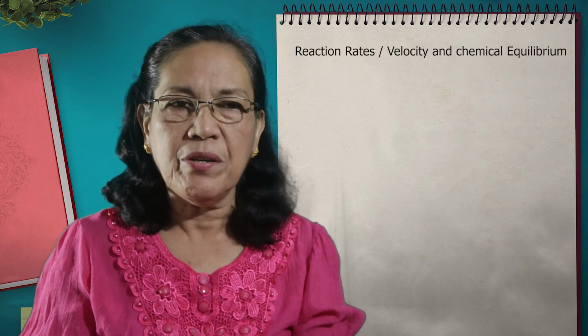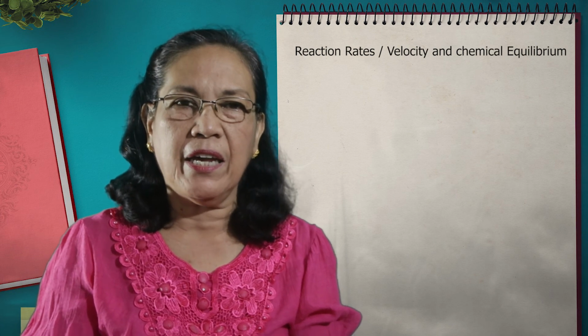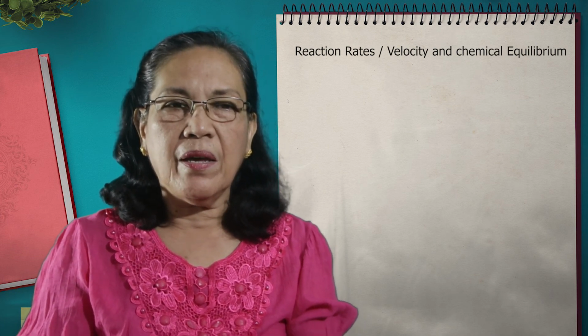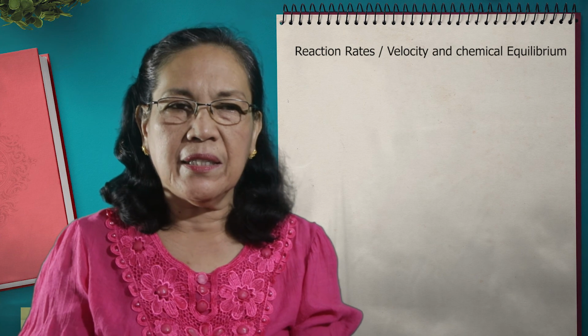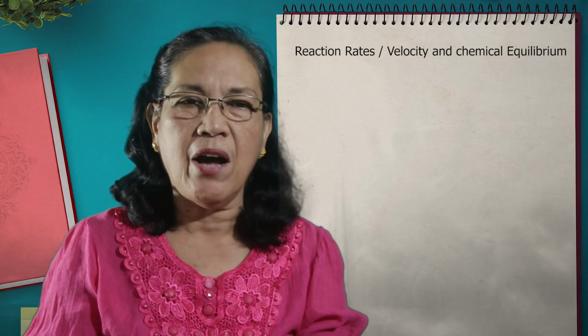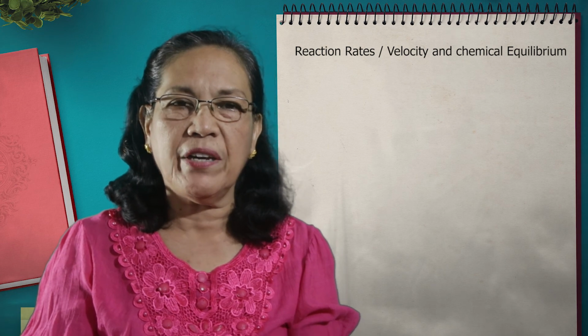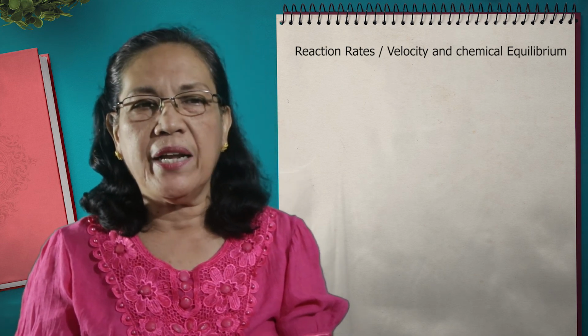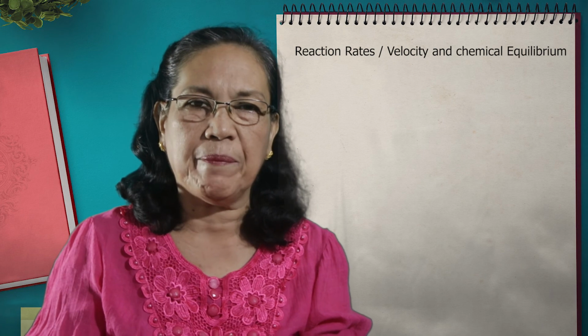Today, I will be discussing reaction rates and chemical equilibrium. It is said that the rate of reaction is a quantity that tells how the concentration of a given reactant or product changes with time.